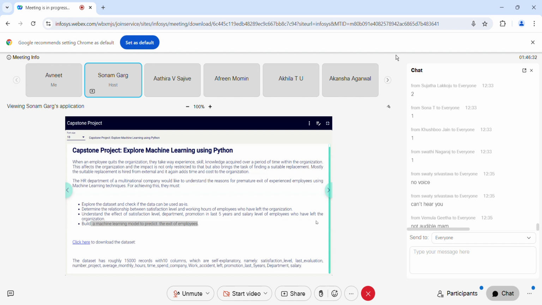If any of the attributes is categorical, then you can encode it using one-hot encoding, dummies. Here, I think satisfaction level and department are the categorical columns.